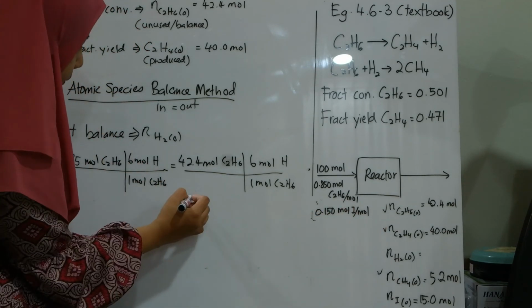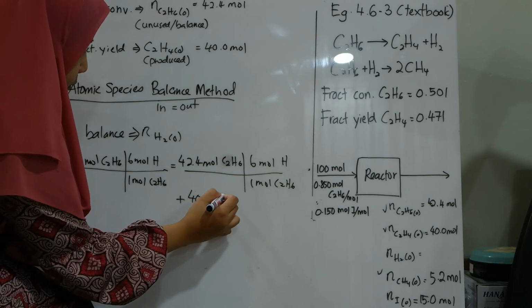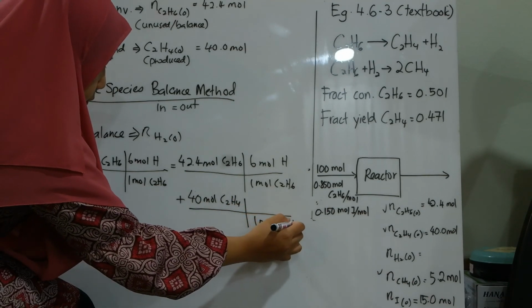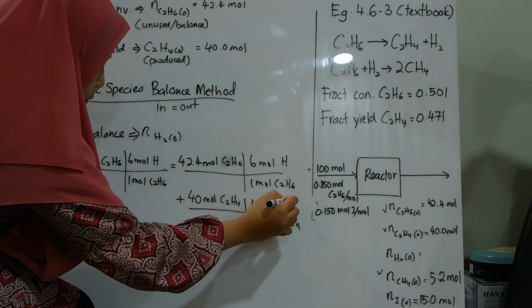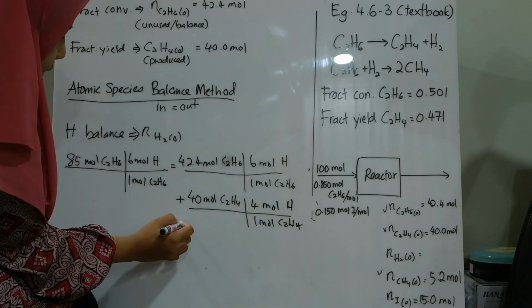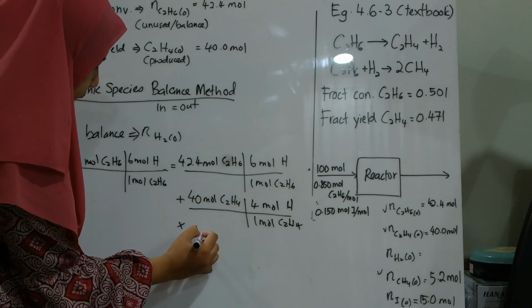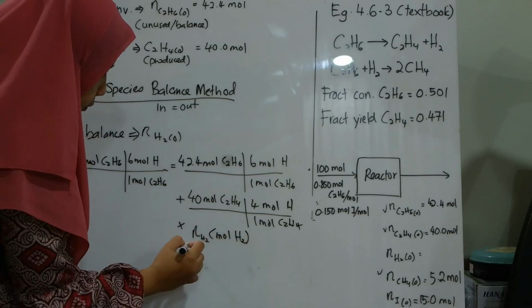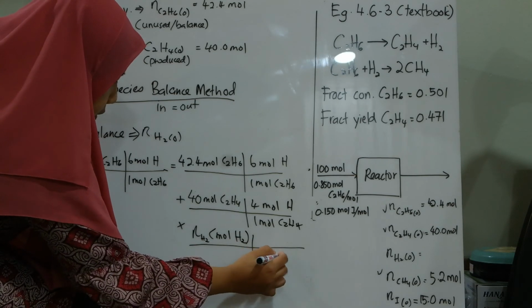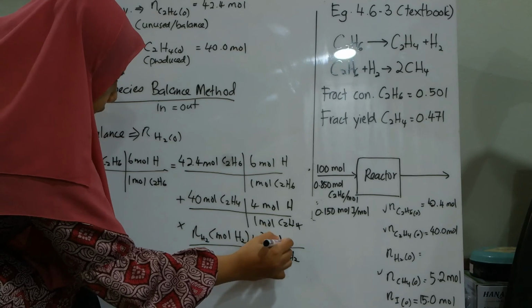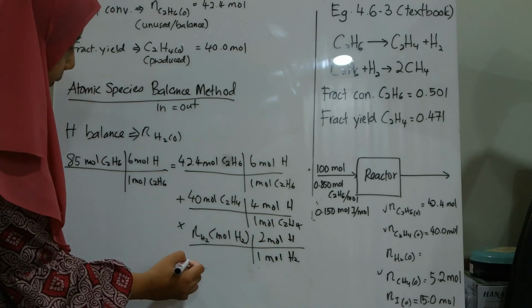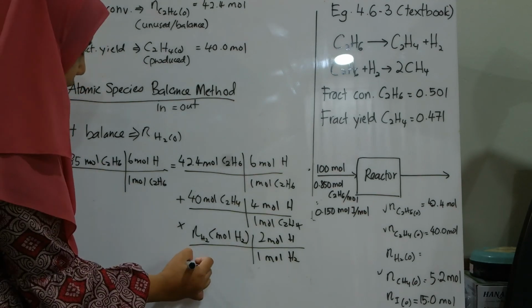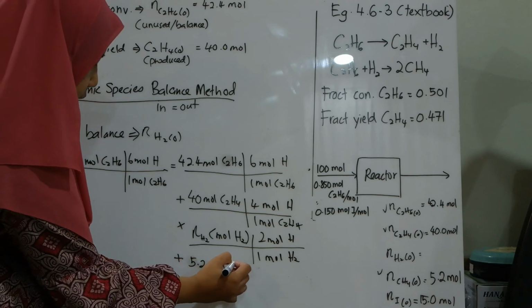We have ethylene, and then we have H2, which is a mole of H2. 1 mole of H2 is 2 mole of H, and finally plus the answer you already have just now, 5.2 mole CH4.